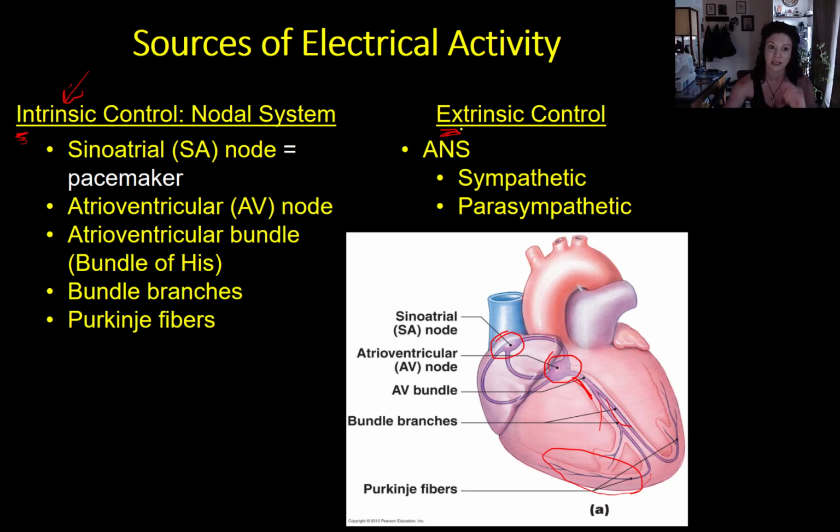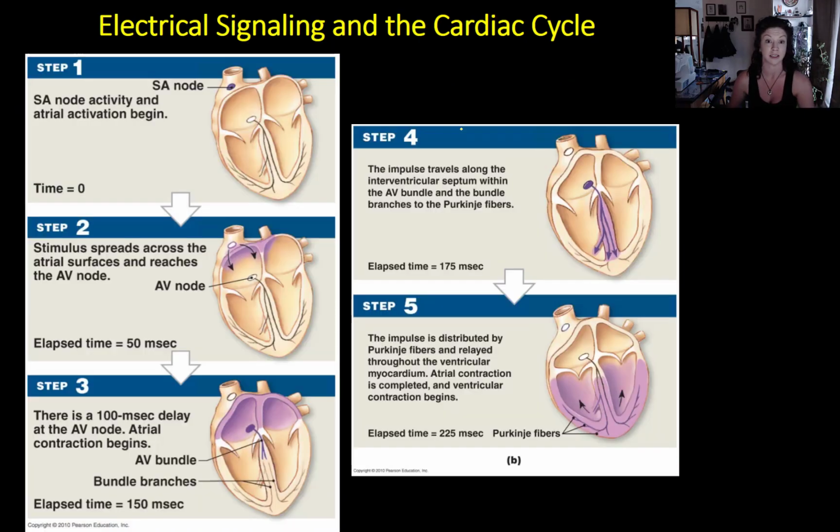All right, let's revisit this nodal system, this intrinsic system. We are going to start with the activity of the sinoatrial node. That's step one. The sinoatrial node is going to become electrically active and spread an electrical stimulus across the atria.